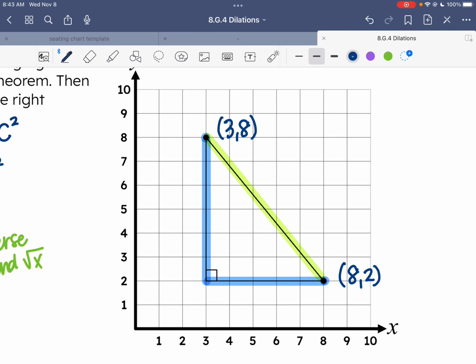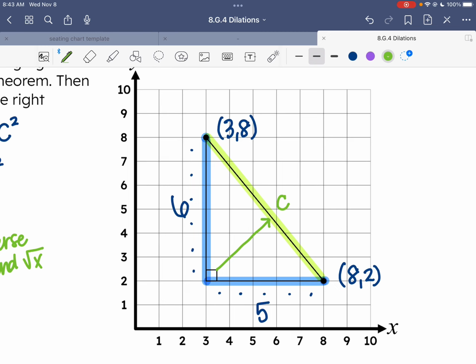So the side length of the first leg is 1, 2, 3, 4, 5, 6. And the side length of the other leg is 1, 2, 3, 4, 5. So we're going to label these A, B, and C. This is our C, our hypotenuse.